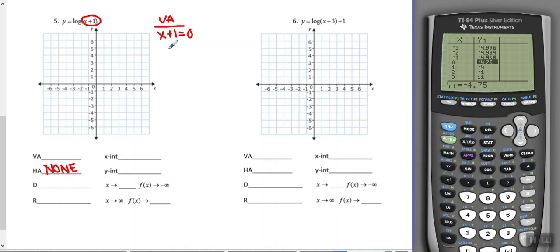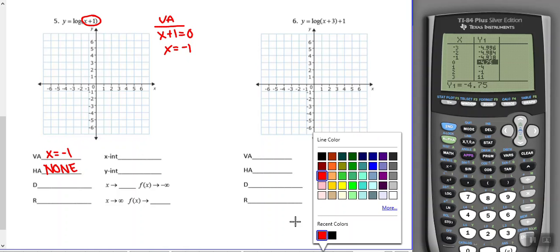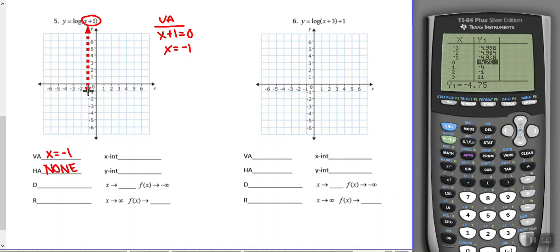Then we just have to solve for x. So in this case, x equals -1. Remember to write the letter with it. X equals -1. So now when I go to my lines, at x equals -1 is going to be my dotted line.